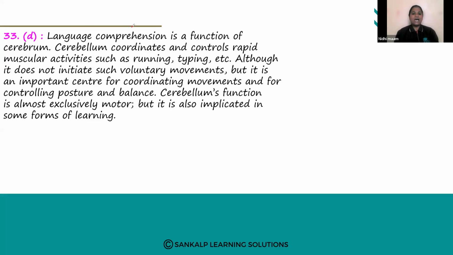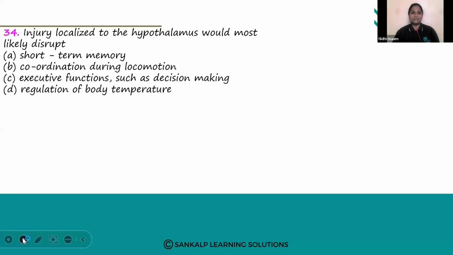So language comprehension is a function of the cerebrum, not the cerebellum. The cerebrum is a part of the forebrain, whereas the cerebellum is a part of the hindbrain. The cerebellum coordinates and controls rapid muscular activity, although it does not initiate such voluntary movement, but it is an important center for coordinating the movement and maintaining the posture. So the cerebellum's function is almost exclusively motor, but language comprehension is not motor. So option D, that is cerebellum language comprehension, is the right answer.